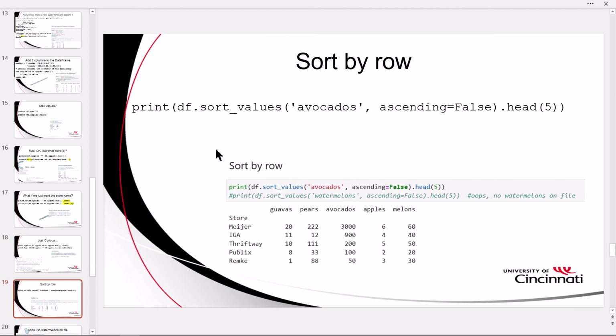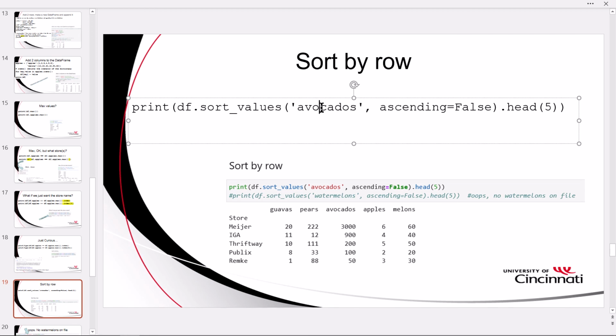Here's something that we care about. All this data needs to be ordered, and as you can imagine, Pandas wants to do that for us. Pandas is at our beck and call. We call a function called sort values. We tell it a column name. We're sorting by avocados.